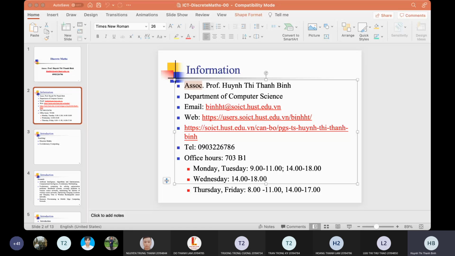This is the top tier conference in the field of evolutionary computation. And last year, we won the second prize in the competition on evolutionary multitask optimization, multitask single objective optimization at IEEE World Congress on Computational Intelligence.